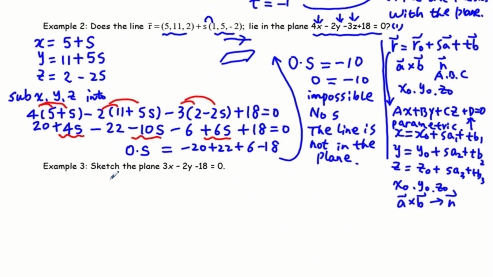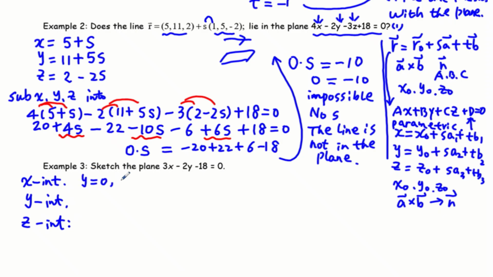And example 3, it asks you to sketch it, graph it. How to graph it is similar to what we have done for the line. We want to find the intercepts. So for this one, we also find the x-intercept, y-intercept, and z-intercept. For the x-intercept, we let y and z equal 0.